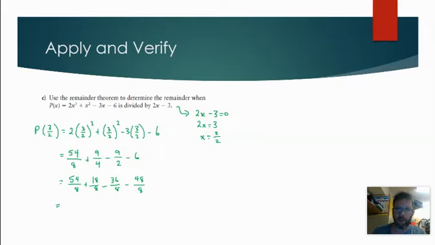So that's 72. Take away 84. I believe that's minus 12 over 8 or minus 3 over 2. And just to make sure, I'm checking my answer there. Yeah, I did that one okay.